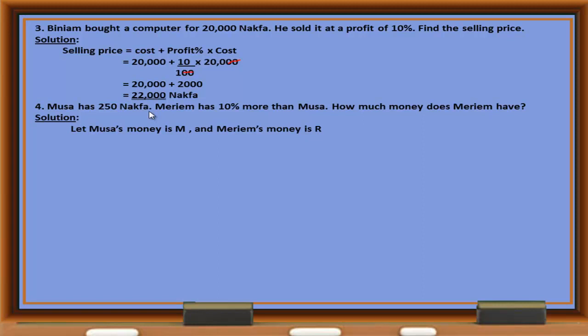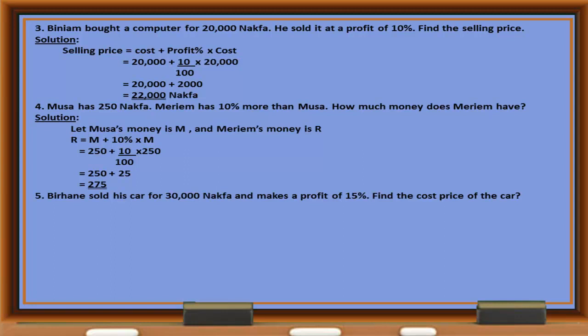Let Musa's money be M and Mariam's money be R. Then R is equal to M plus 10% times M. That is, Mariam's money is 250 plus 10% of Musa's money. 250 plus 25, that is 275, is Mariam's money.